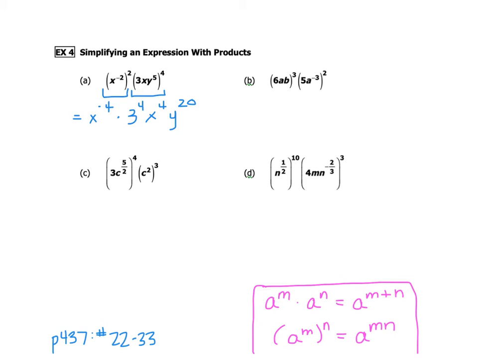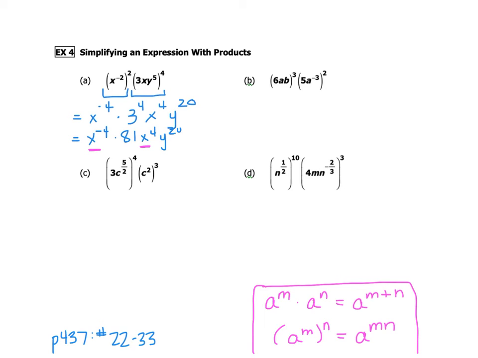All right, and it's really important that we understand that we need to do the power rule first. So I'm just going to simplify my 3 to the 4th. That's going to give me 81. So this is x to the negative 4th times 81 x to the 4th y to the 20th. Now what I'm going to do is use my product rule for these x's.